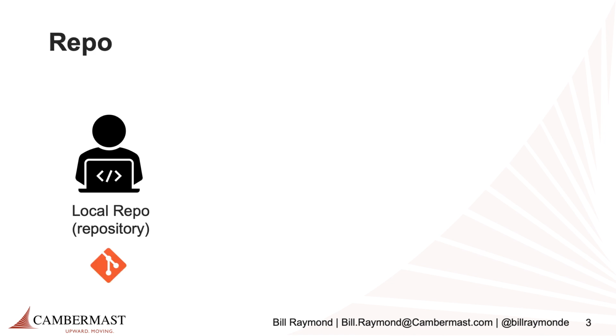We only have 2 slides left, and I just want to walk you through some basic concepts before we get started. When you write your code, there's a very good chance that you're going to start writing it on your local computer. When you put your code in your local computer, that's called a local repo or repository. Now, your code can actually have multiple repositories.